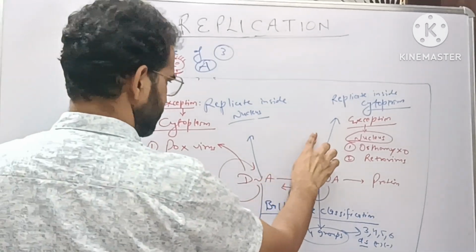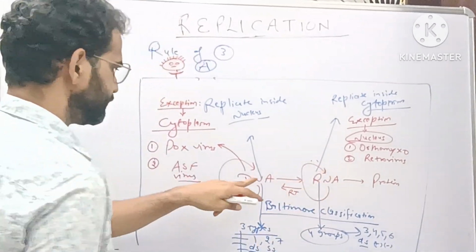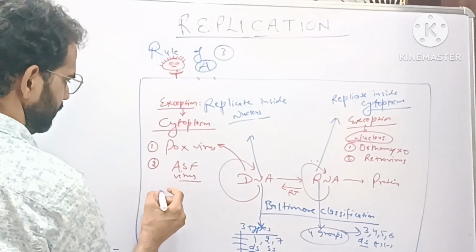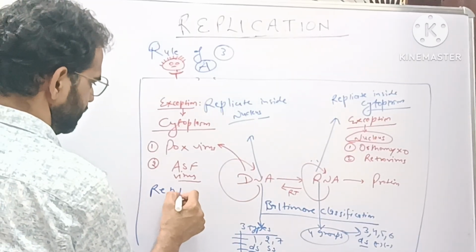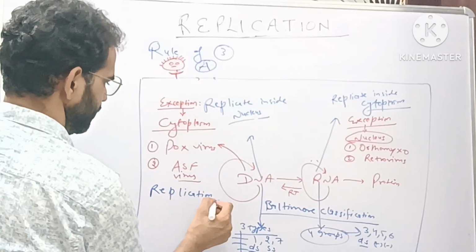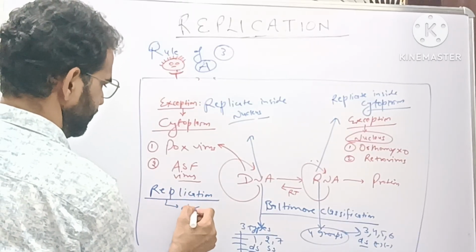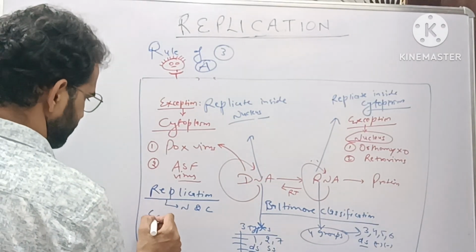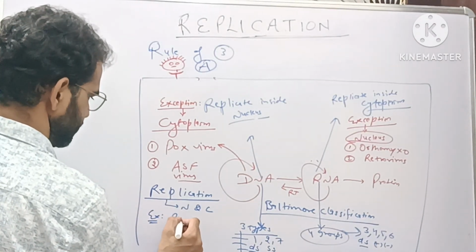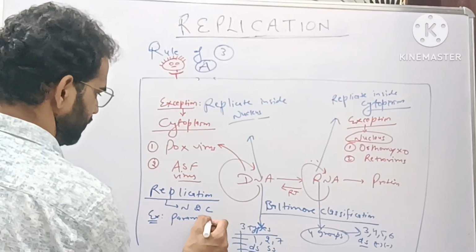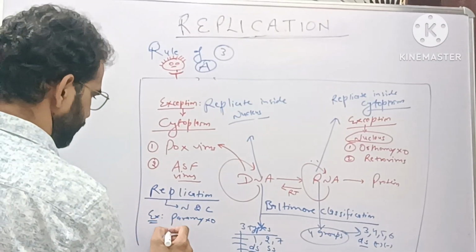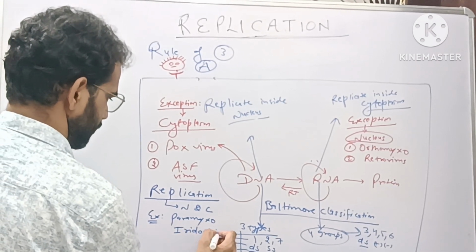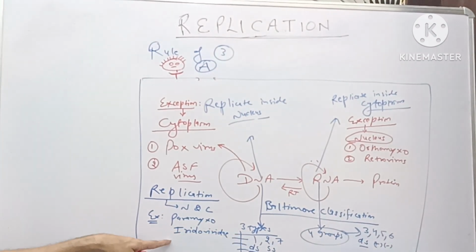But there is one more exception, where the virus replicates at both places, nucleus and cytoplasm. The example is paramyxoviridae, and one more example is the iridoviridae family.